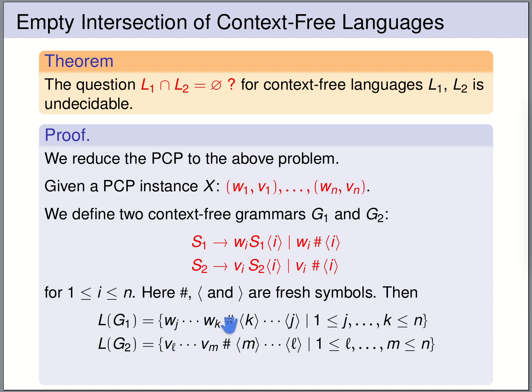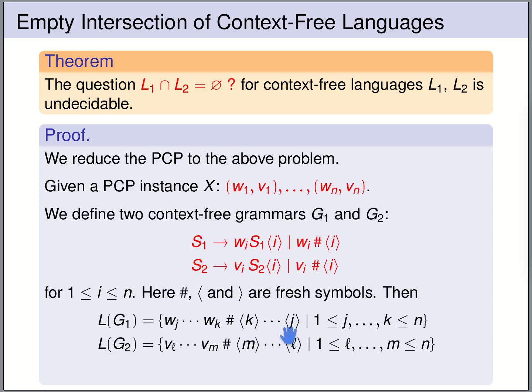Now, when do these 2 languages intersect? When is a word in both of these languages? The hash appears only once, so the hash has to match, and then these indices on the right have to match. It means that we basically pick, for both grammars, the same indices in the same order.